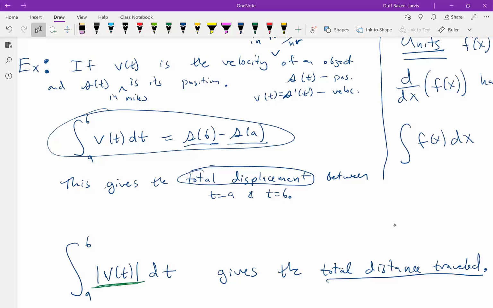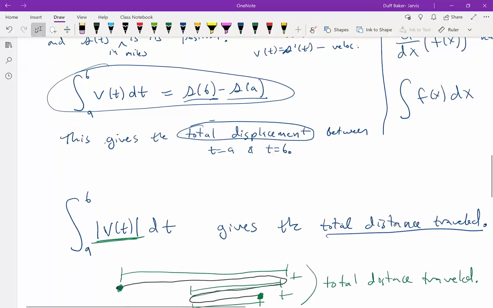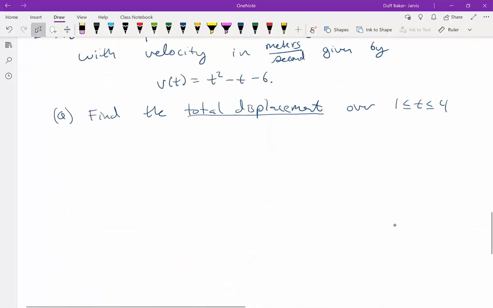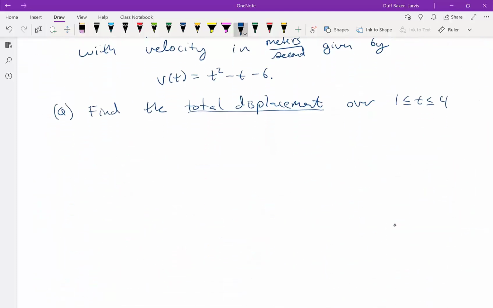The integral of velocity is the net change in position. That's what we call total displacement. And so all you have to do here is integrate from 1 to 4. And this will tell you s of 4 minus s of 1.